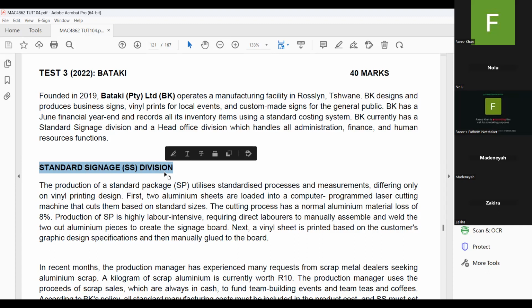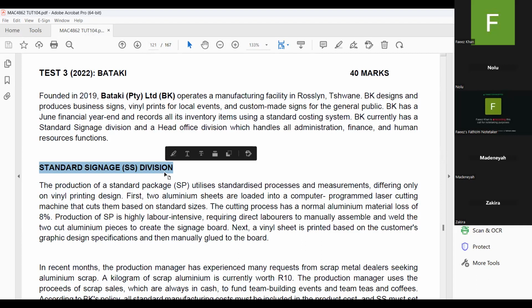We said whenever you need to work out the cost of a product, always tell yourself that the cost of a product includes three items: direct material, direct labor, and manufacturing overheads. Then you tell yourself that manufacturing overheads is made up of two parts: a variable component and a fixed component. Now, which of the two do you include?